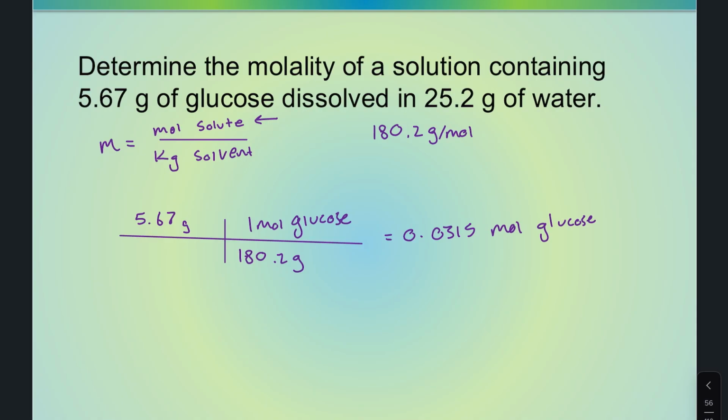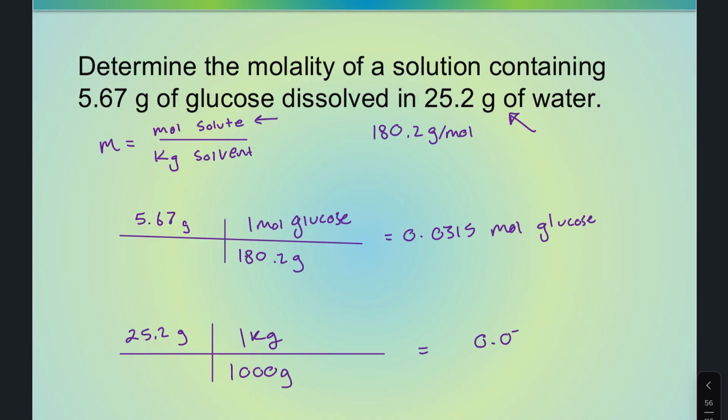The next thing we need to do is find out how many kilograms of our solvent we have. Our solvent is water. So our kilograms of solvent is going to be 25.2 grams. We will convert that to kilograms. There are 1,000 grams in 1 kilogram, and we end up getting 0.0252 kilograms of water.